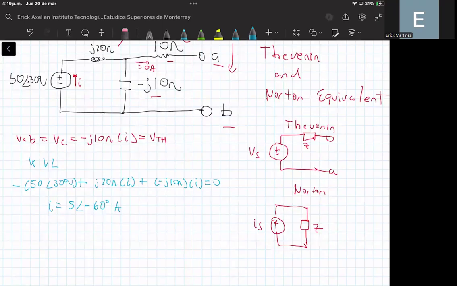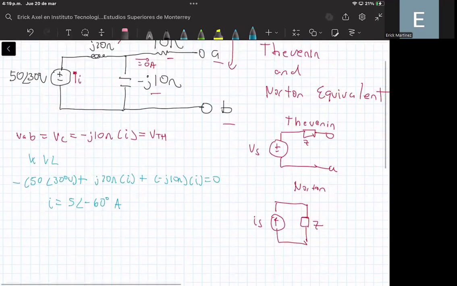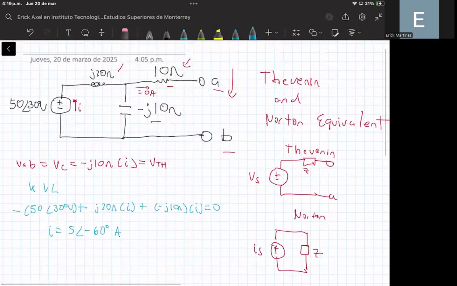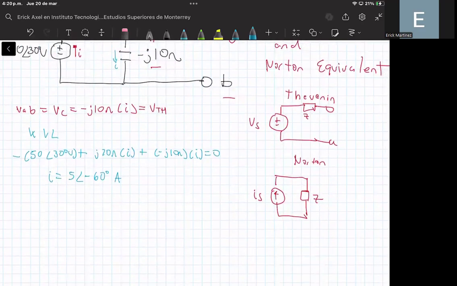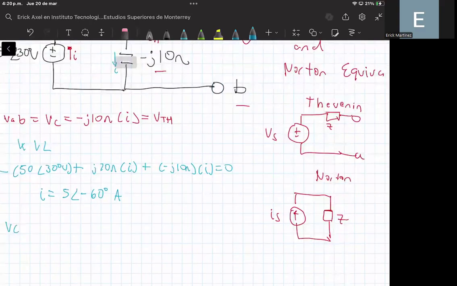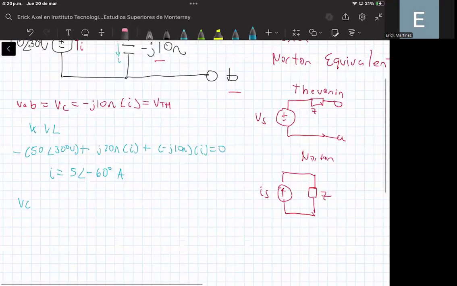Okay, and now with this current, that is the current that is flowing, okay, this current is also flowing through this capacitor, well, we can compute the voltage of this capacitor. Okay, so we can say that the voltage of this capacitor is equal to the voltage between terminals A and B, that is equal to the Thevenin voltage.